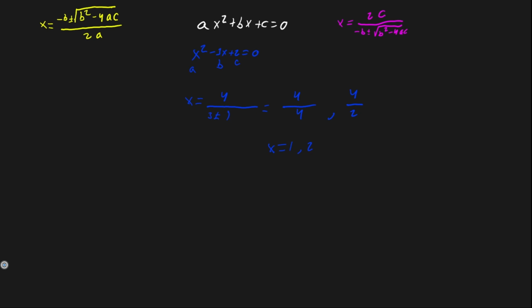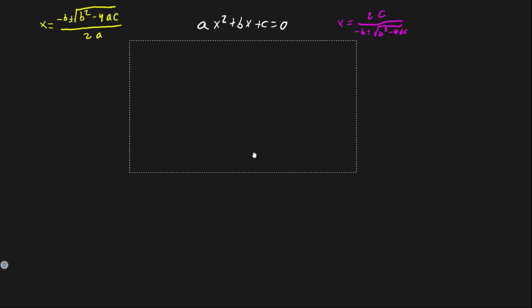And let's go ahead and verify our solutions in our quadratic. So we have 4 minus 6 plus 2, which is when x is equal to 2. And for x is equal to 1, it is going to be 1 minus 3 plus 2. So that is a quick, interesting formula for people who want to use it.